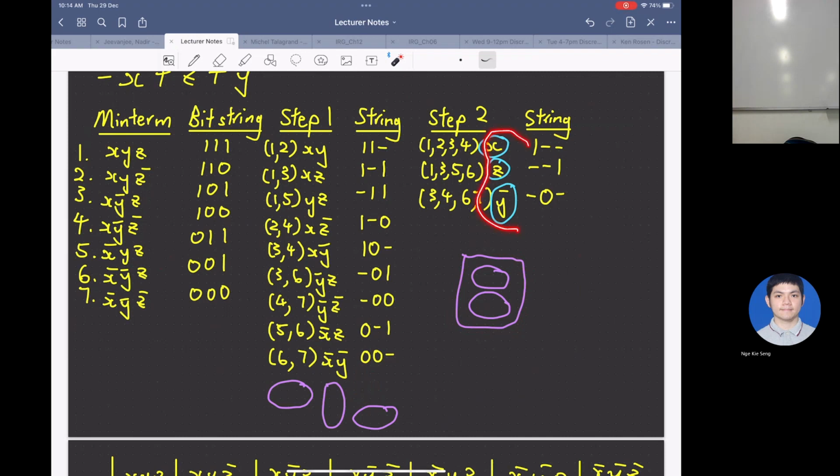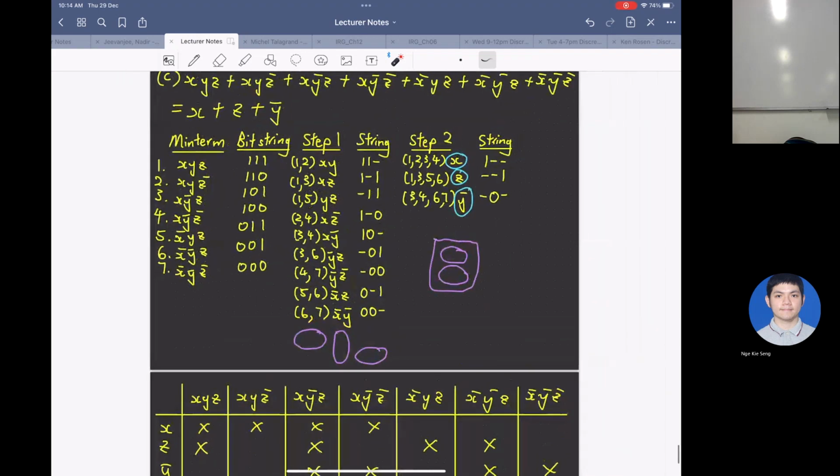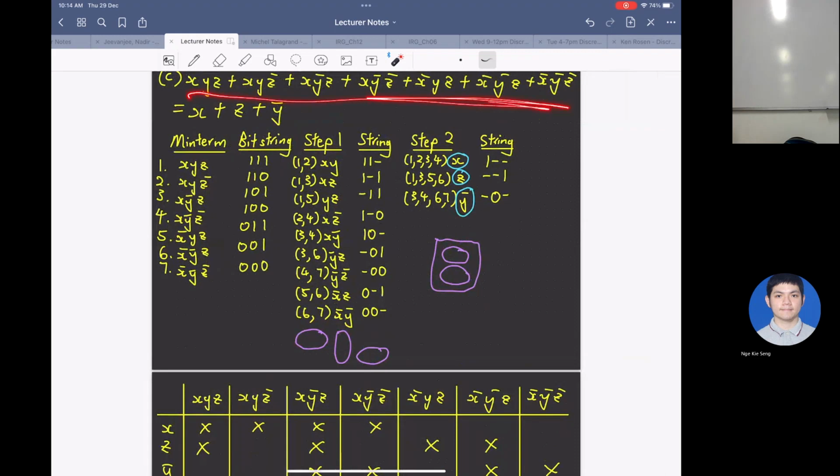What you are left with in the end, that's not used to combine, will be the prime implicants.